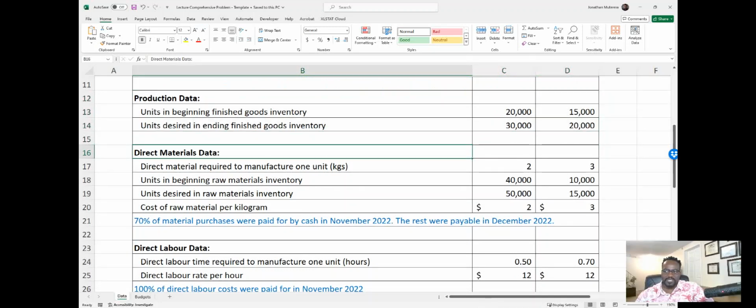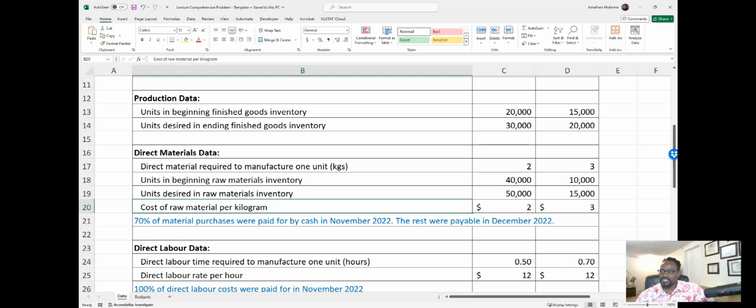Next, we have the direct materials data. How much material is required to manufacture each of these products, and it's given in terms of, for one unit, how many kgs would be required to manufacture product A and product B. We also have the beginning inventory of the raw materials at the beginning of the period for product A and product B. We also have the desired ending inventory for the raw materials for each of the products.